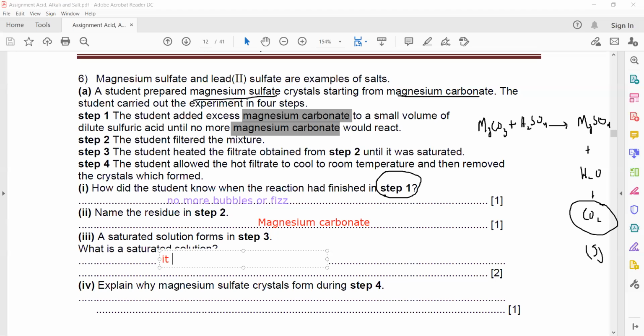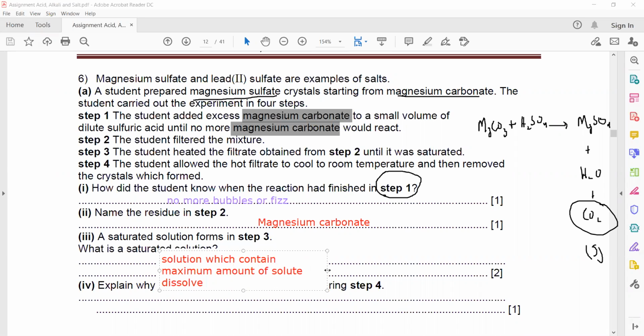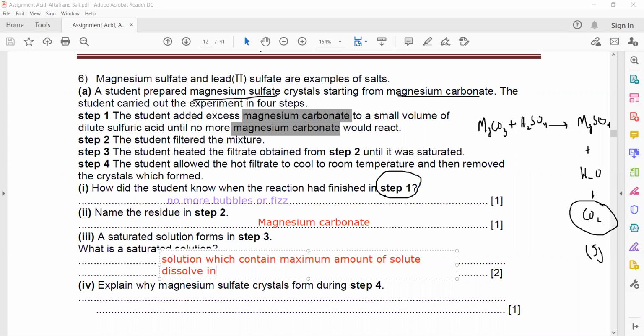It means a solution which contains the maximum amount of solute dissolved in a solvent, or a concentrated solution.